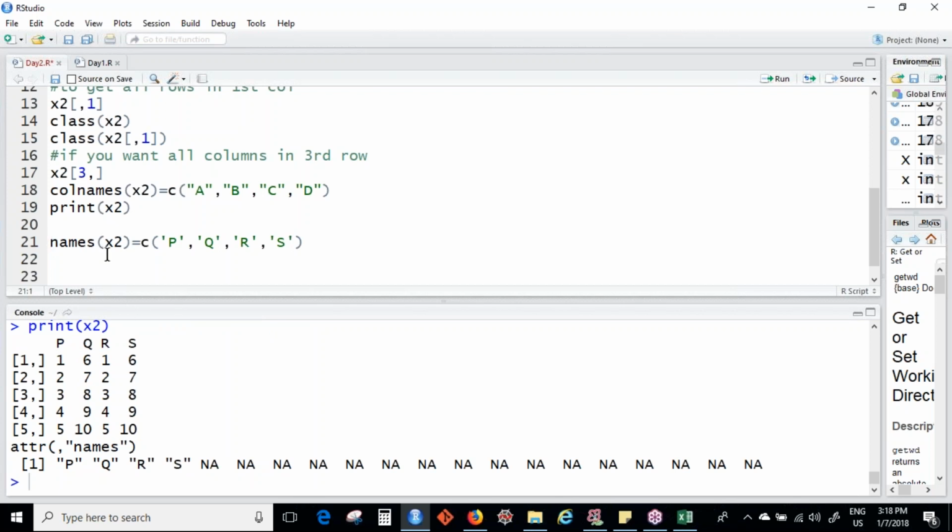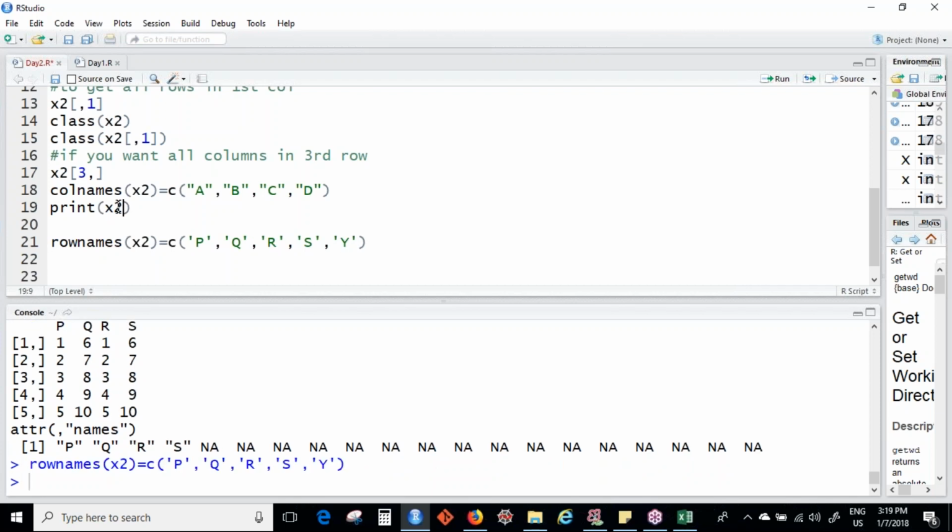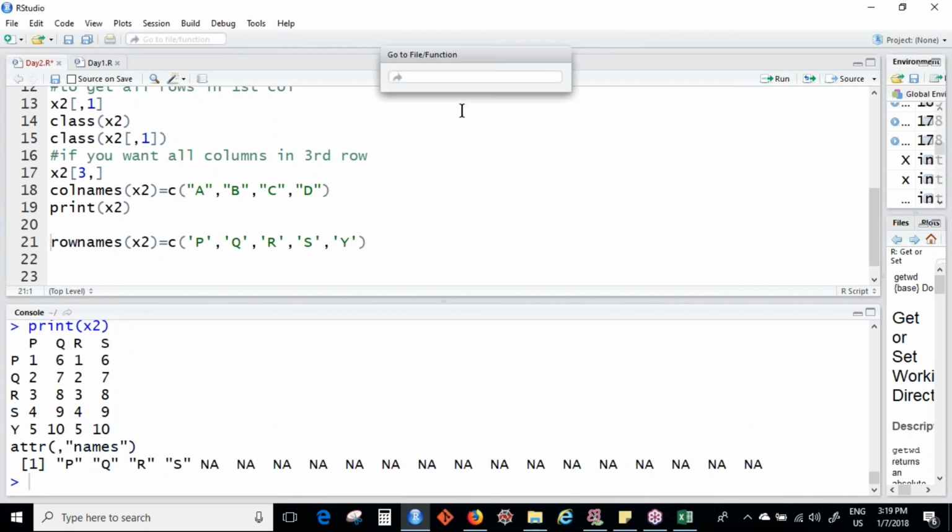You cannot give names to your rows. Oh, it has 5 rows. I missed that. PQRST. Now let me try. Yeah, it works. So you have that now.